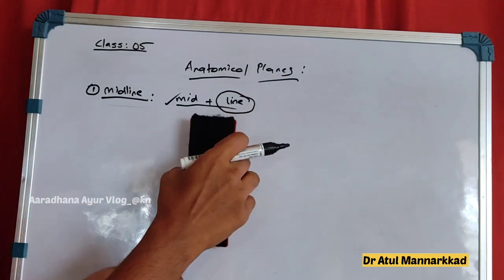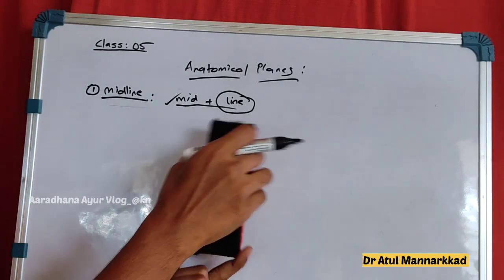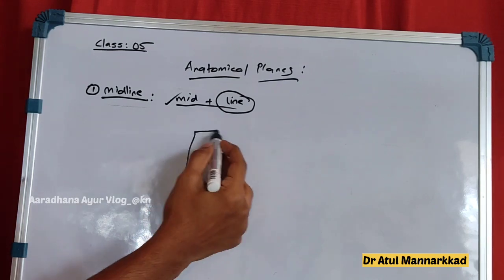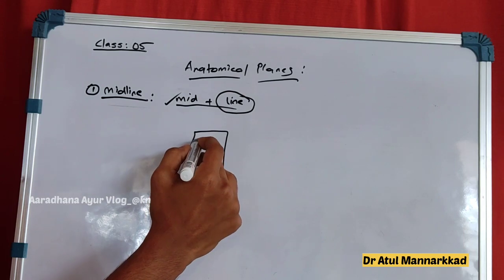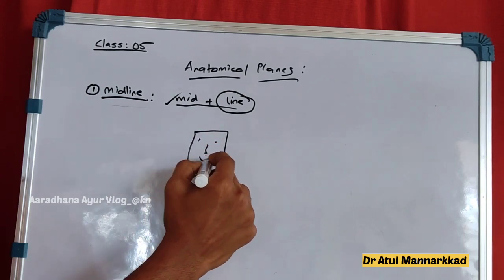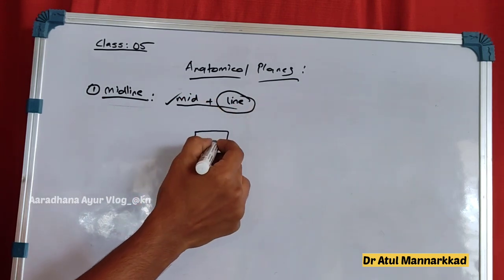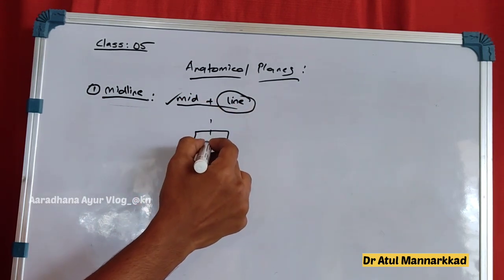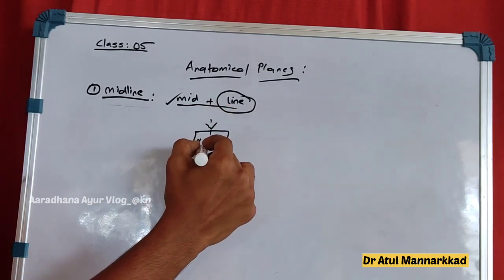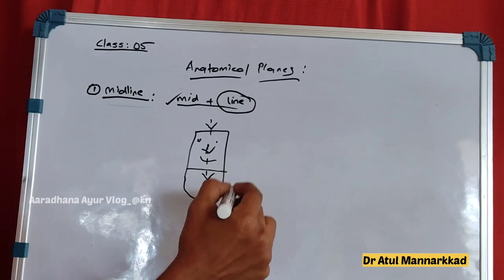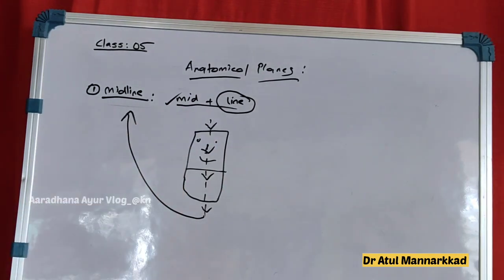So if you are considering this as a human body, this as the eyes, this is the nose, this is the mouth, an imaginary line passing through the mid part, this is what we call the midline.